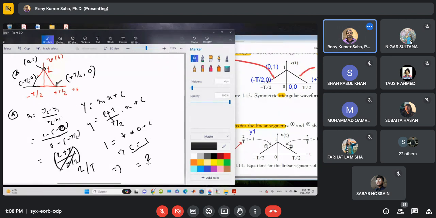We have this slope t over 2, and this x is basically t, and c equal to 1. So this is the expression for this part. Yeah, I think it should be okay now. So you can say t over 2 times t, plus 1. Did you get the point how to find the expression of a straight line?